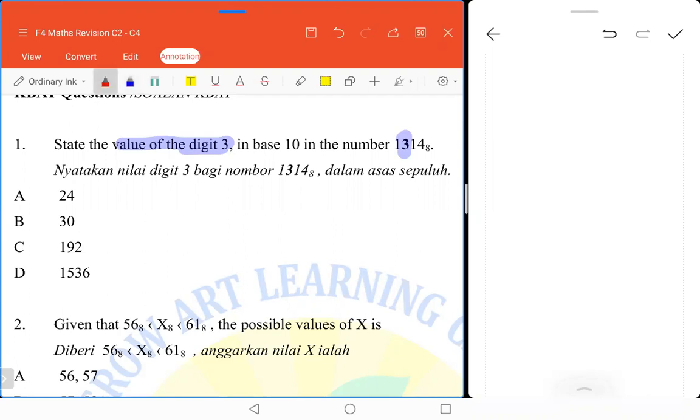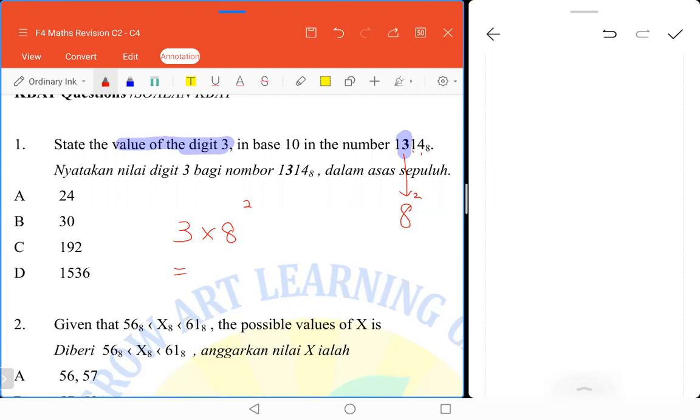So what we do? Bring down, then we find the place value of the digit 3. Since it's base 8, here is 8 power to 0, 8 power to 1. Here is 8 square. So the value of the digit 3 means use 3 times 8 square.